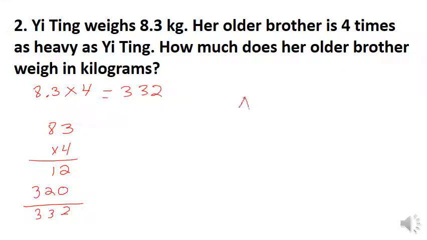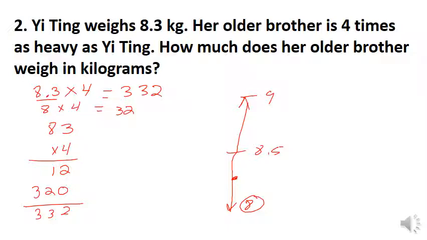Now when we do our estimation, we have 8, 9, and 8 and 5 tenths. This is 8 and 3 tenths, so we know it's going to be here, so we're going to round it to 8. So we know now that 8 times 4 equals 32. So in order for this to be reasonable, it would have to be 33 and 2 tenths.